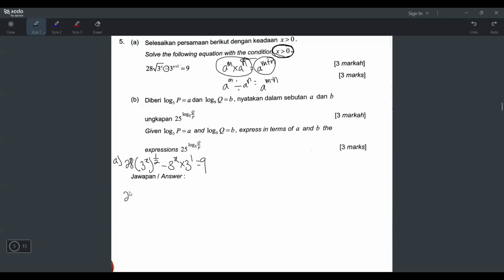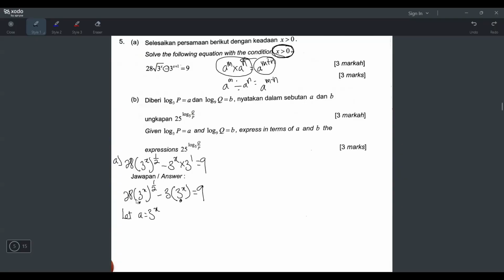All right? Okay, so now it becomes 28 3 power x power 1 over 2 minus. Okay, this one I can see the 3 power 1 can be done. 3 power 1 is 3. So the one is 3. I just write it down. Times with 3 power x. Okay, the 3 power x cannot be done. It's okay. Just leave it. Equals to 9, right? Okay, I can see this 3 power x and 3 power x is the same. So if it's the same, I can let a equals 3 power x.